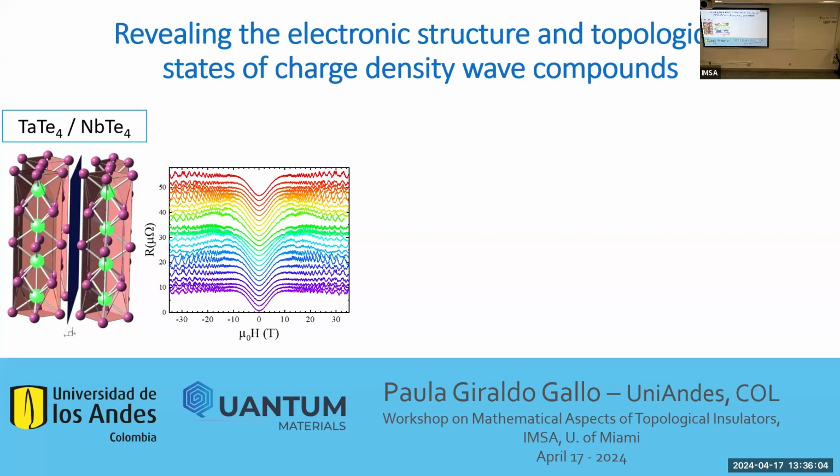We have worked on trying to experimentally determine the electronic structure, not with ARPES measurements. We do have some ARPES measurements in our crystals, but we specialize in determining the thermodynamic or bulk electronic structure of this compound, which can also give some information about possible topological or surface states.